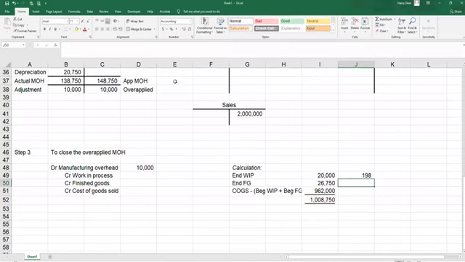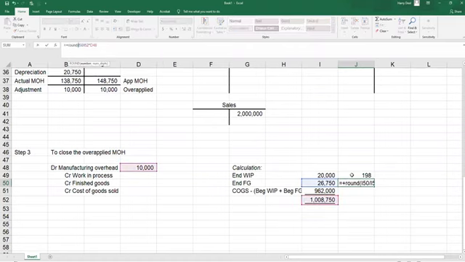For the ending finished goods inventory, the balance is 26,750. Divide that by the 1,008,750 times the total amount to be closed for the manufacturing overhead, 10,000. It works out to $265. Again, it'll have a few cents at the end. If you want to do away with them, use the round function.